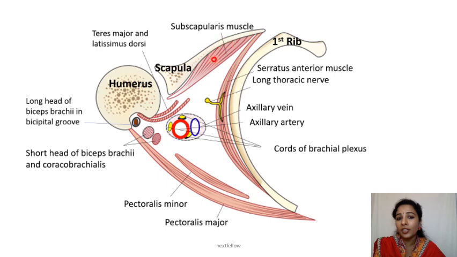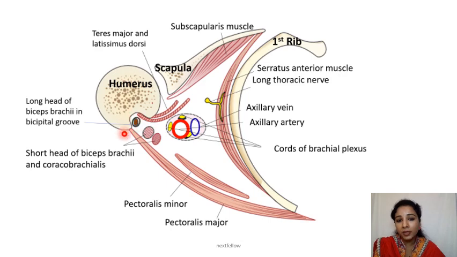And within the concavity, subscapularis muscle is there. And anterior wall of axilla, we can see the pectoralis major and minor. And within this groove, this is the bicipital groove containing the long head of biceps, and short head of biceps and coracobrachialis both together form a conjoint tendon.